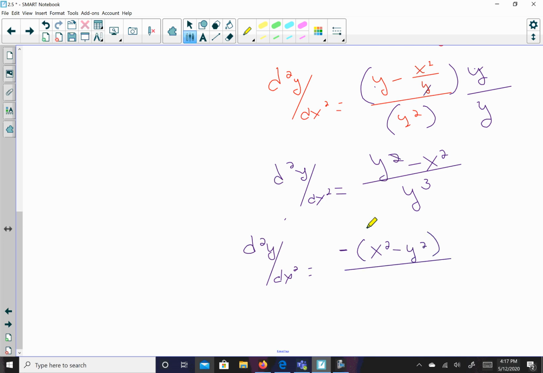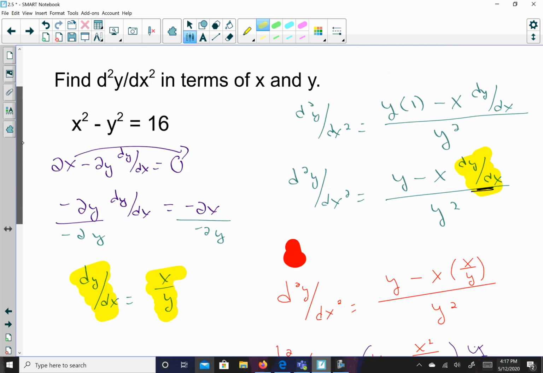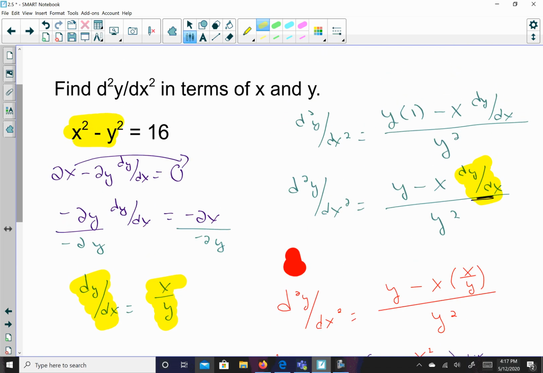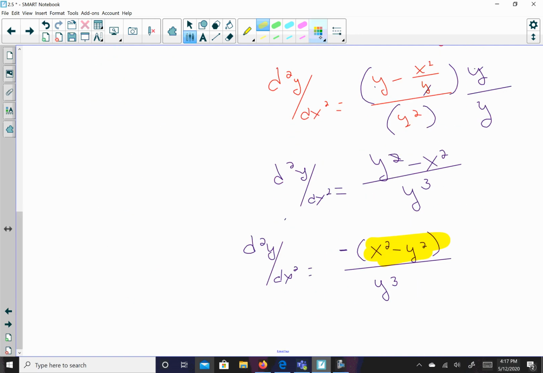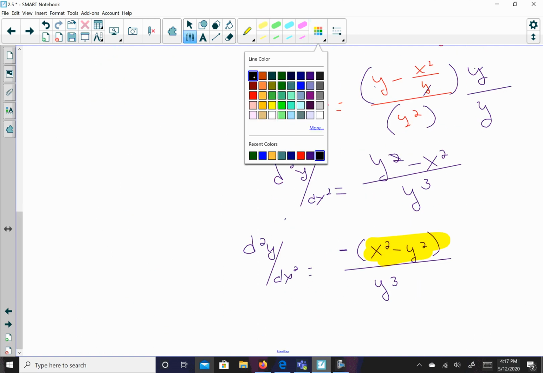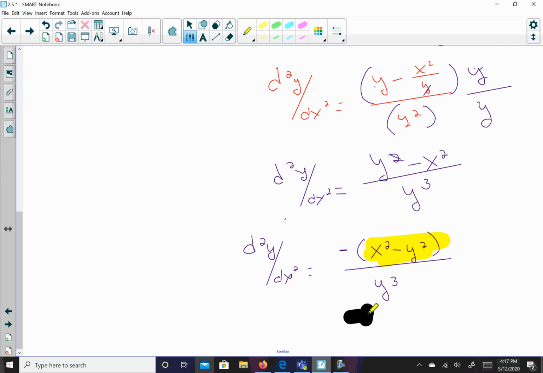I just changed the signs and it's the same because I put that negative sign there. And now this x squared minus y squared is actually equal to 16. So now I'm going to substitute that 16 back in there. Are you having fun yet? So this will be a negative 16. Oh, I hate it when it does that. But you got to keep on doing it. Interesting.